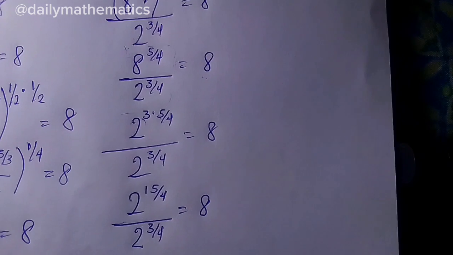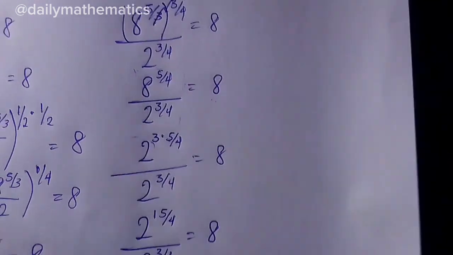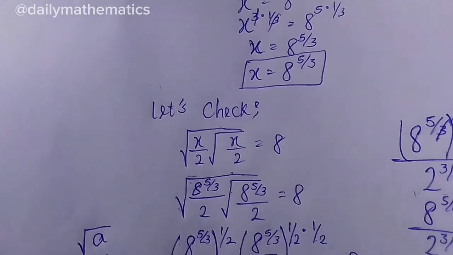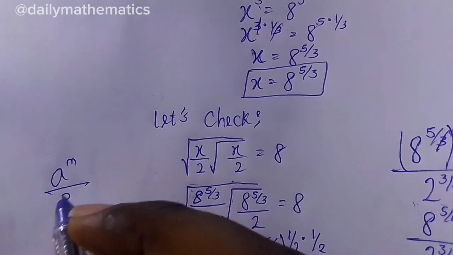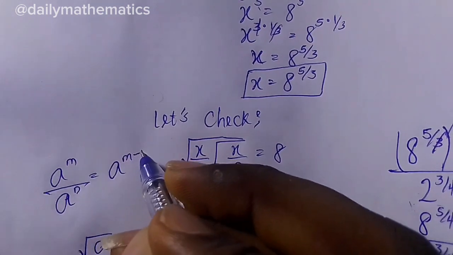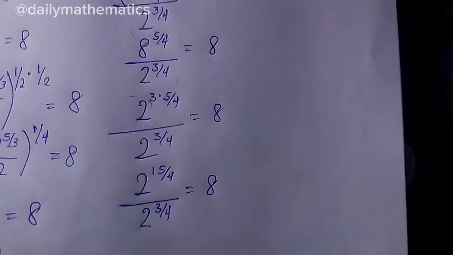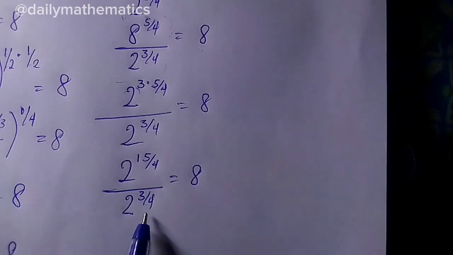Now remember that if we have a raised to the power of m divided by a raised to the power of n, it is going to give us a raised to the power of m minus n, right? So from here we have the same base, that's 2, and we have different powers, that's 15 over 4 and 3 over 4. What will it give us?